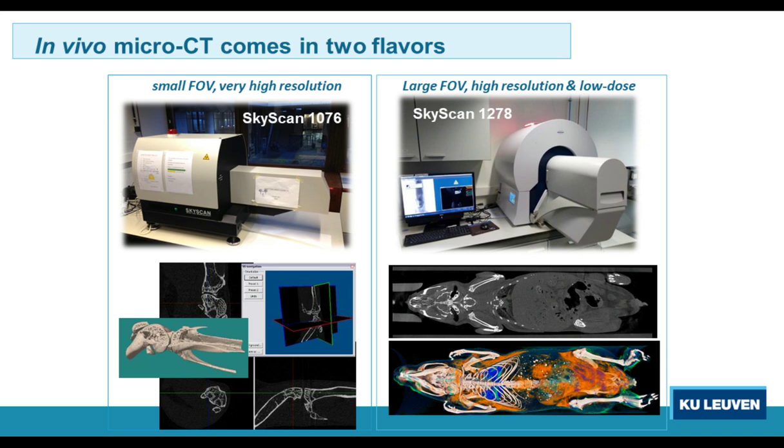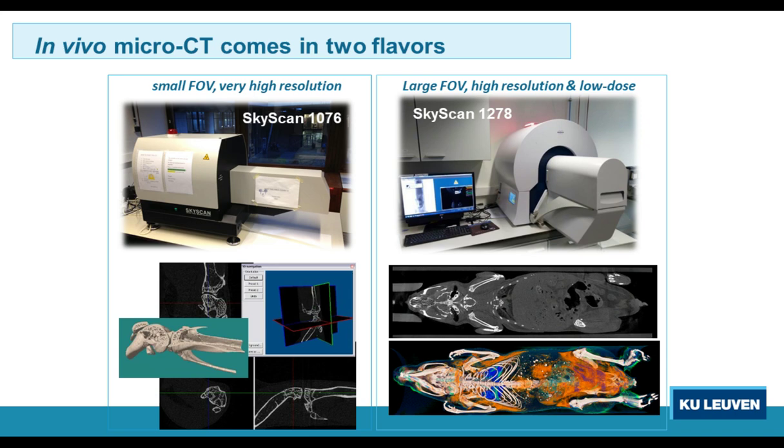And then we also operate another scanner, which is very complementary to that, and that also operates at a high resolution, slightly less high than the previous one, also at a low dose, but it has a large field of view covering the entire mouse, as you can see in the exemplary images below.